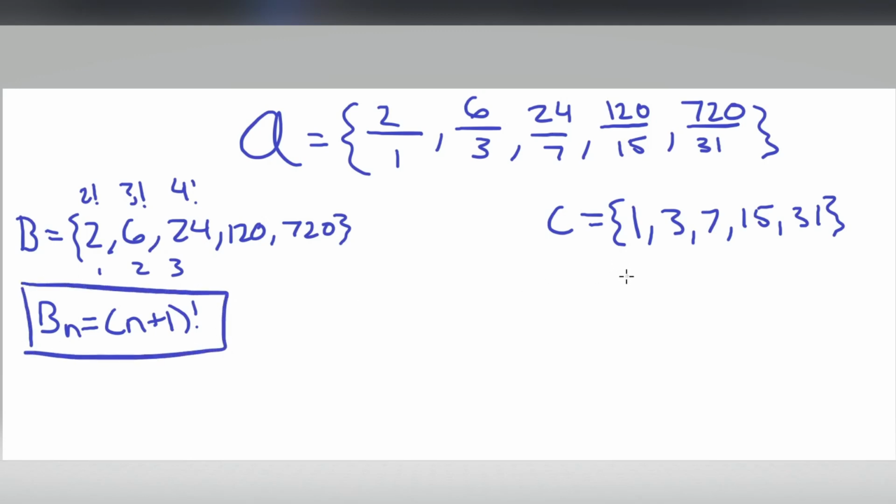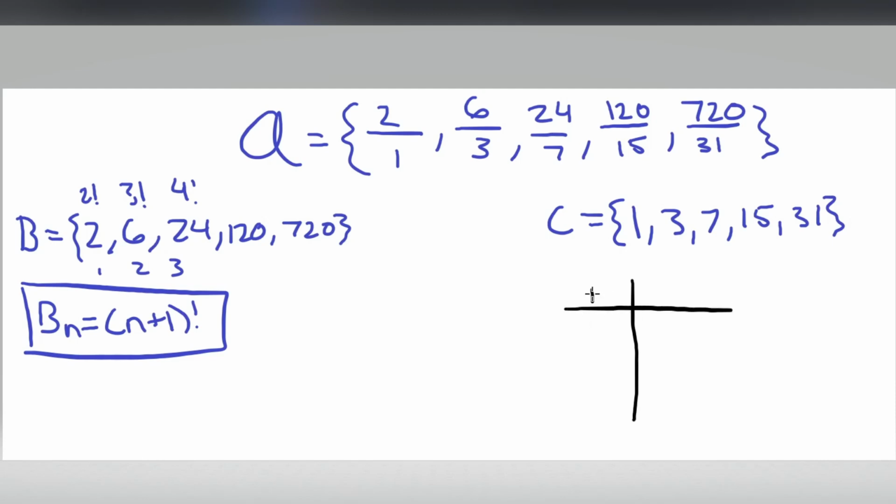What's our bottom pattern here? Well, it doesn't seem like any adding pattern. So this is a plus 2, then plus 4, then plus 8, then plus 16. Oh wait, it is an adding pattern. So now we have to identify a pattern on the bottom.